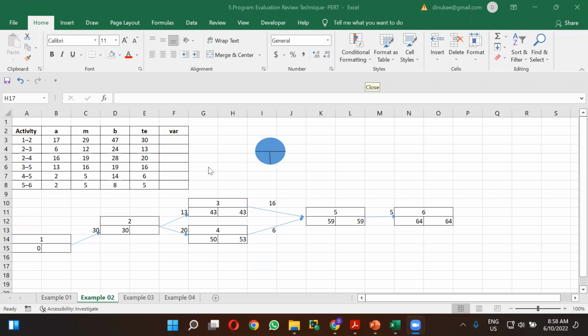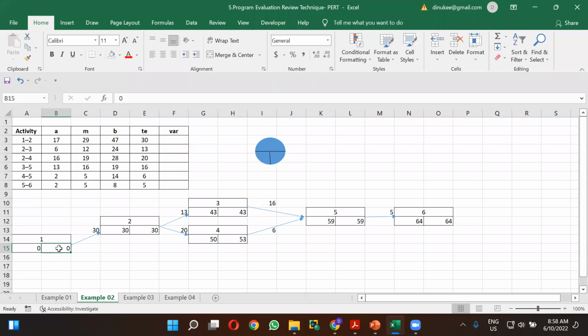Very good. It is 30, right? So from 43, you have to minus 13. It is 30. And from 53, you have to deduct 20. So it is 33. So among the 30 and 33, as we are doing the backward pass calculation, you have to take the lowest value. So that is 30. And from that 30, you are deducting 30 again. So again 0 for the activity 1.